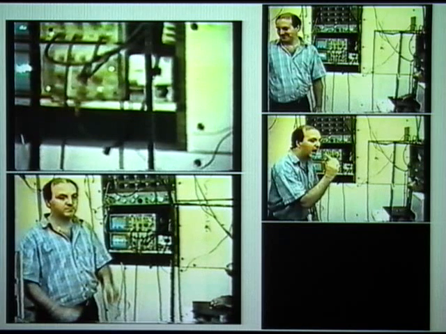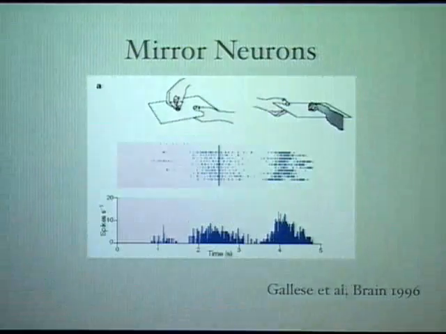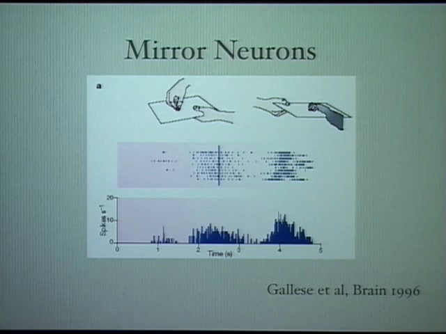All right, these are compelling videos, but you don't publish this stuff in scientific papers. What you publish are these kinds of data. These are on the top. This is called a raster. Each line is a trial, and every mark is one action potential. And you see that for each trial, there is an increase in the firing rate when the monkey grasps the object or the piece of food, but also when the monkey sees it.